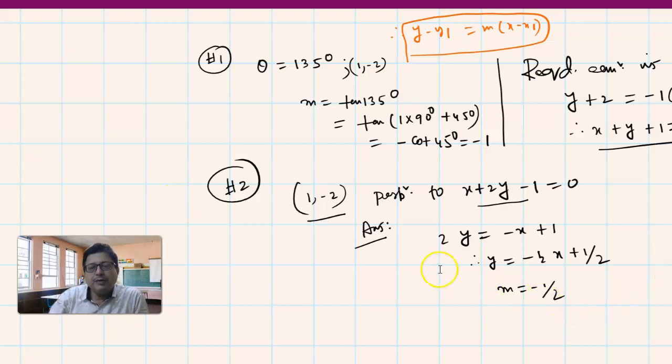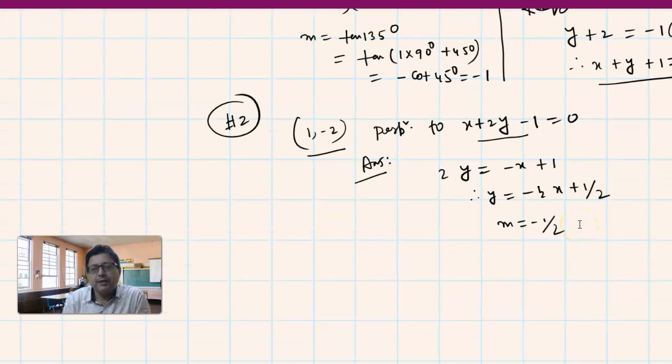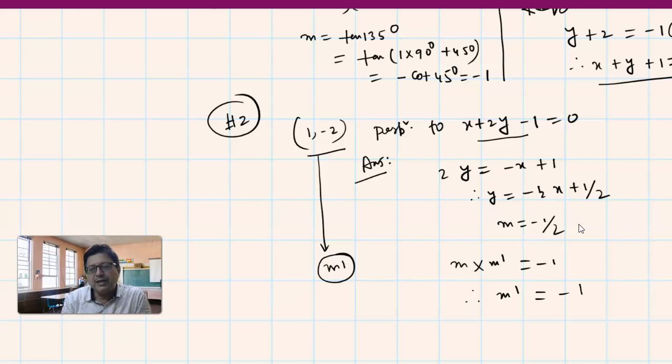Now slope of the line whose equation we are going to find can be determined by this formula, that product of the slopes will be minus 1. Let this line has slope m dashed. Then m into m dashed will be minus 1. From there we get m dashed equal to minus 1 by m, minus 1 by minus half, so this is equal to 2.